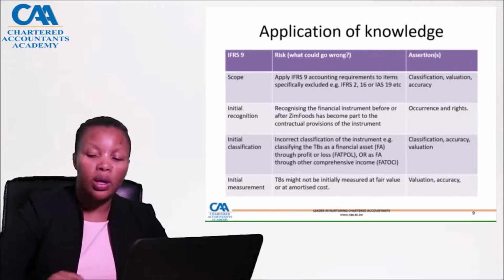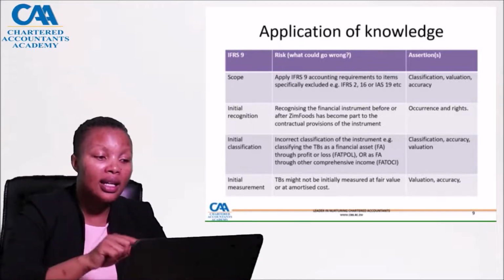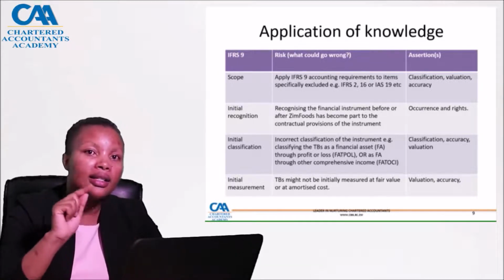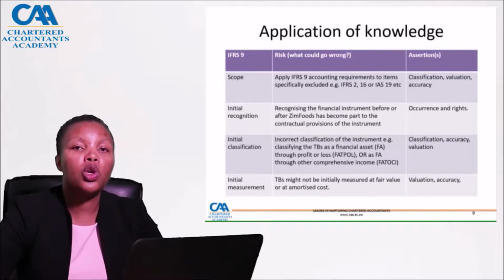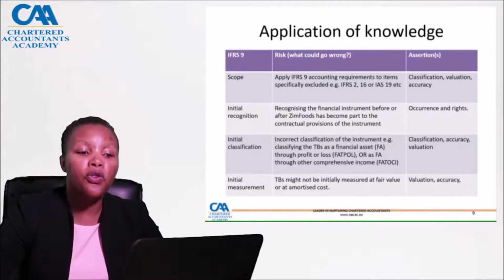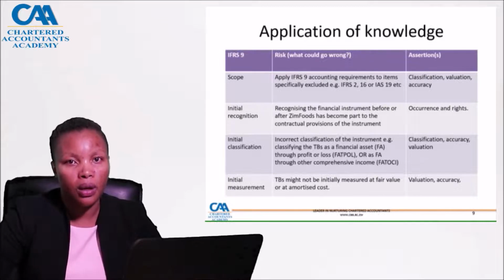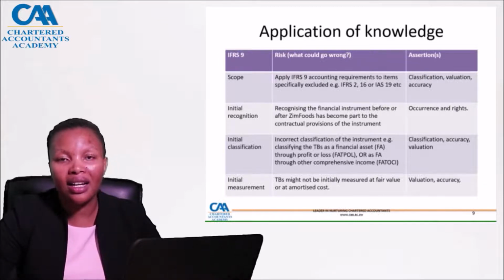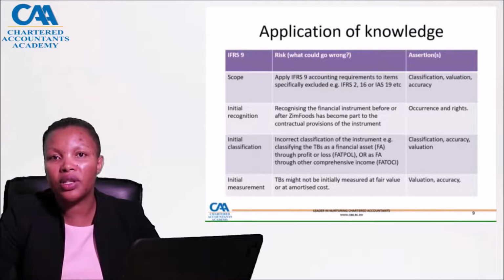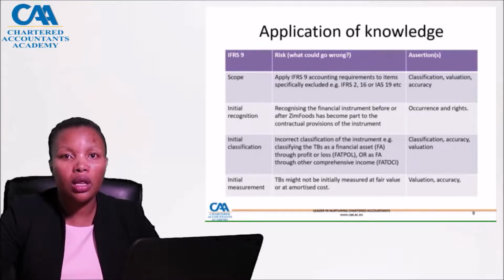If this treasury bill does not fall under IFRS 9, then it's something that can possibly go wrong. So you then want to formulate substantive procedures to say, has this been correctly classified under IFRS 9? Is this treasury bill truly a financial instrument?